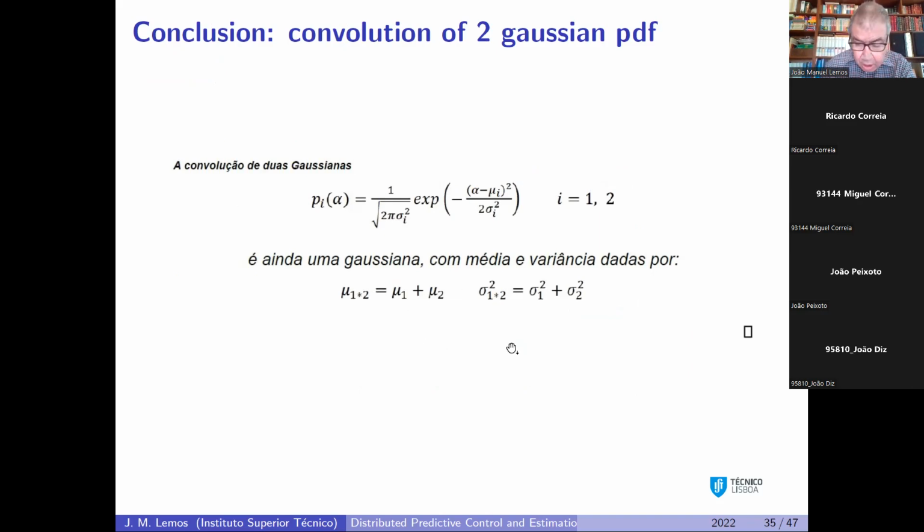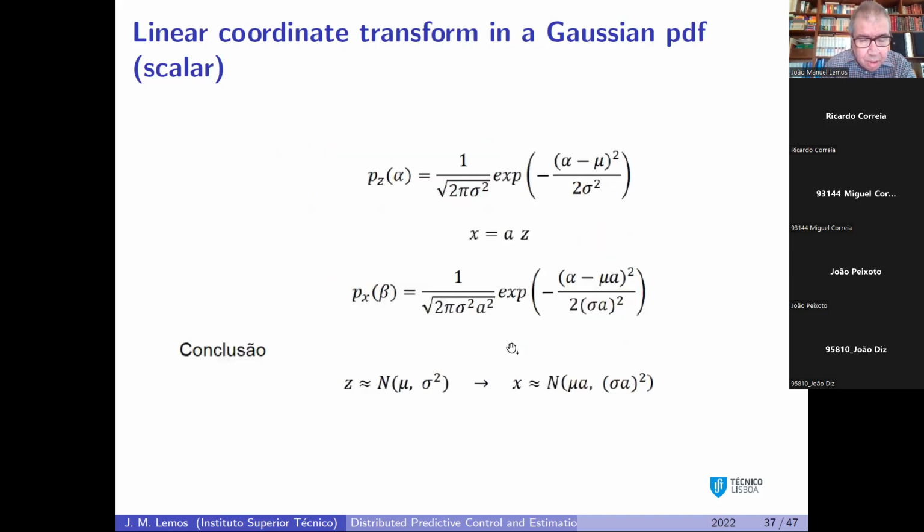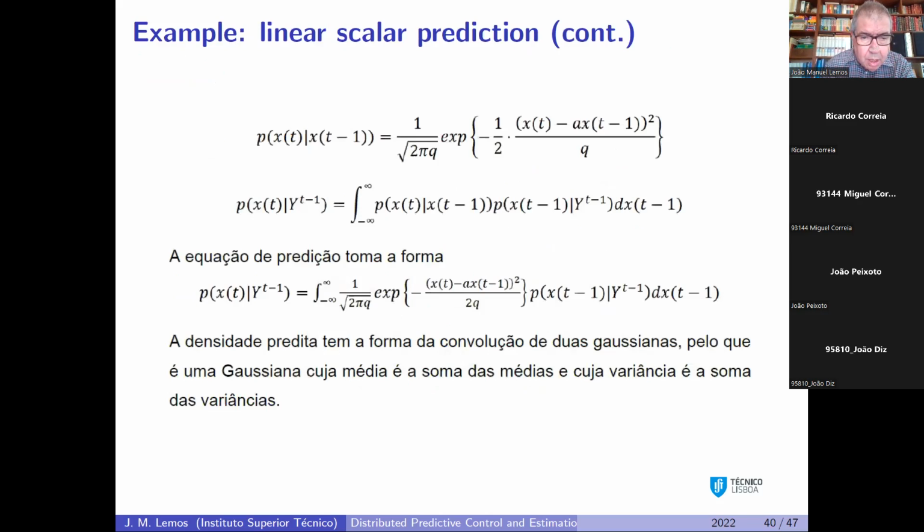You apply this formula together with a change of variable. One should be careful, because we have to interpret this as a change of variable, because your variable is x of t minus 1. Then we have the covariance here and the covariance of this one, which is some mean and some covariance.